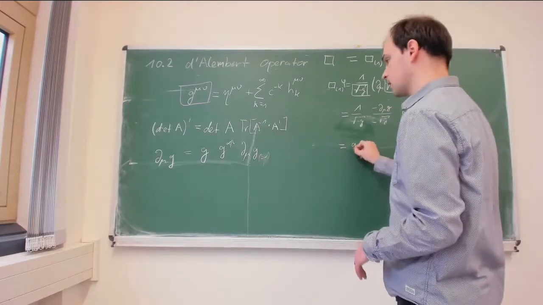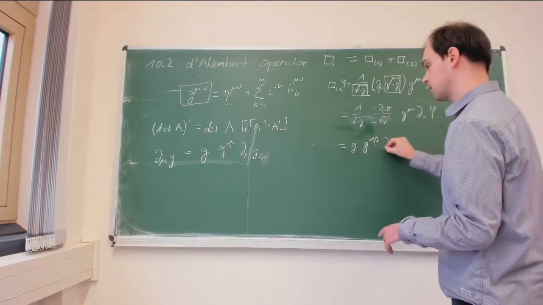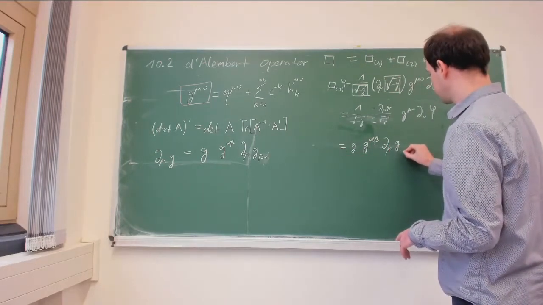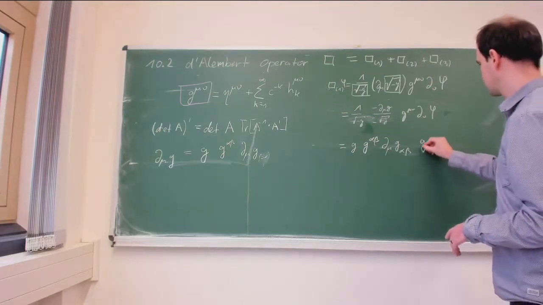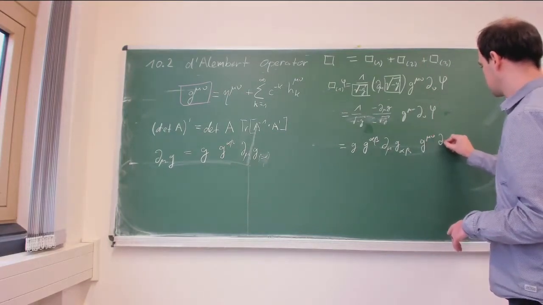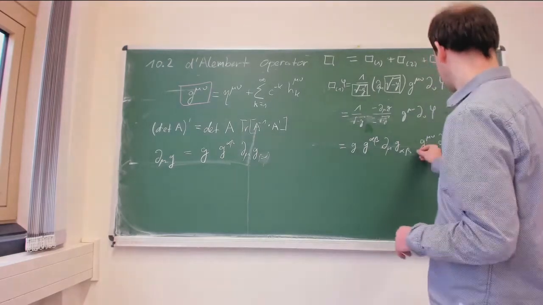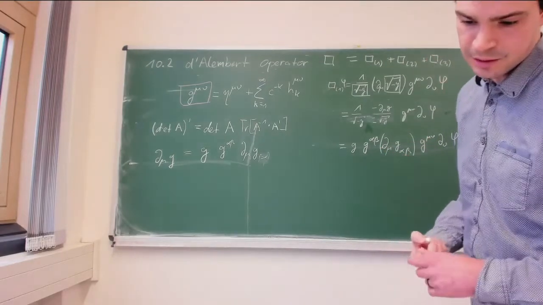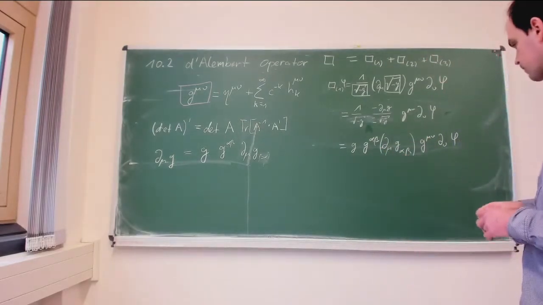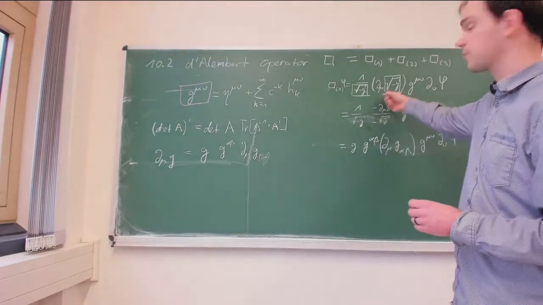So we have g alpha beta, d mu g alpha beta, g mu nu, d nu phi, and this derivative is only acting on the alpha beta term. So now we got rid of the determinant here.